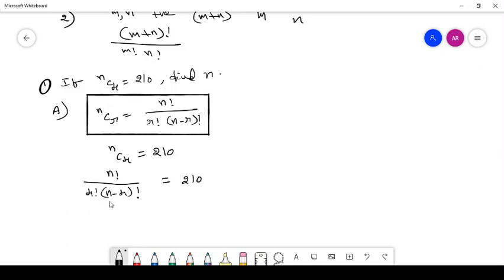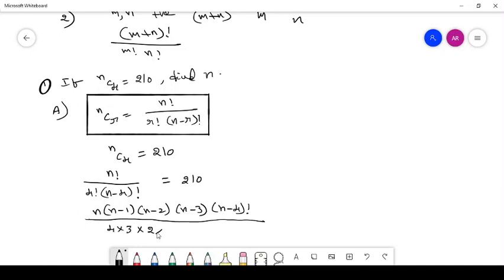Next, n factorial can be written as n into n minus 1 into n minus 2 into n minus 3 into n minus 4 factorial, because in the denominator we have n minus 4 factorial. 4 factorial is nothing but 4 into 3 into 2 into 1. The n minus 4 factorial will be cancelled.